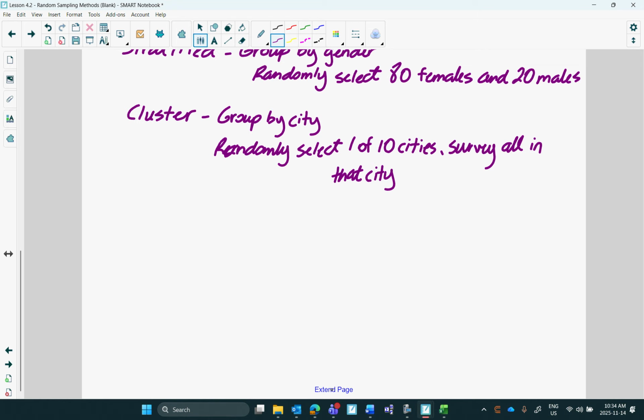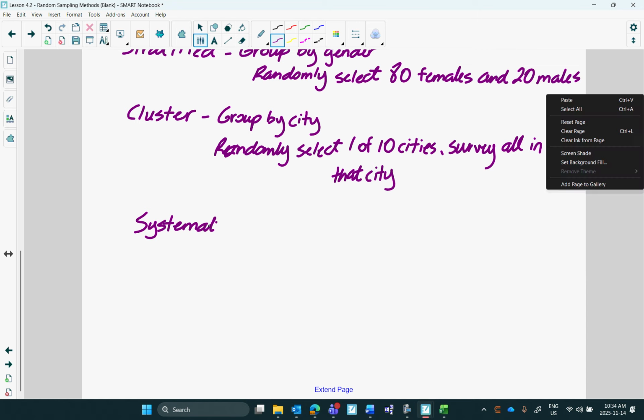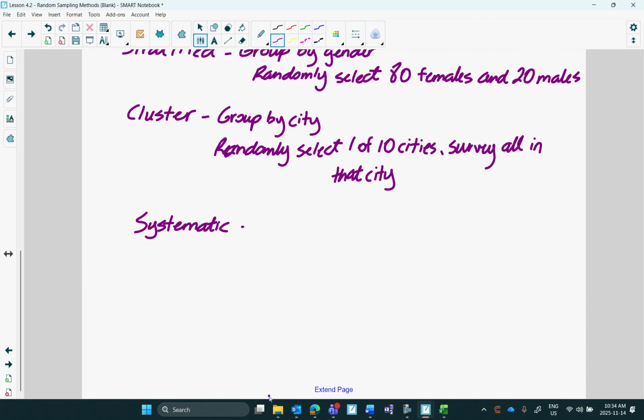And finally, systematic. How would we do systematic? Well, we want to select every certain number, but we've got to figure out how many so that we get up to 100.